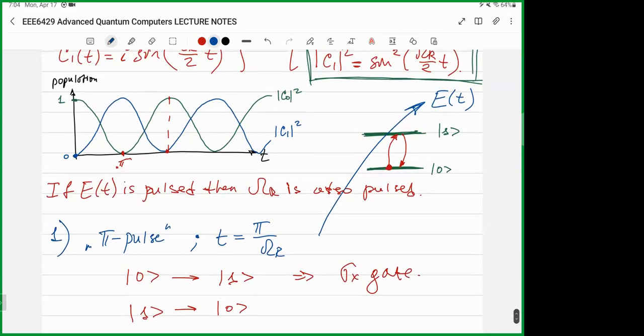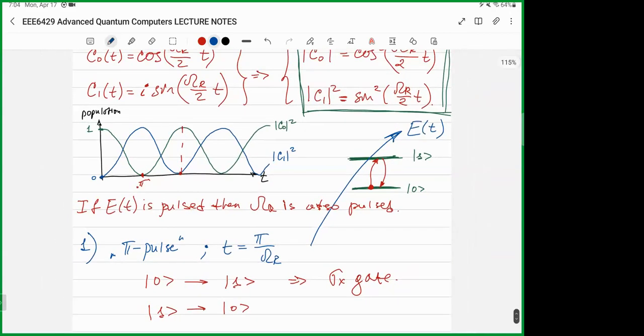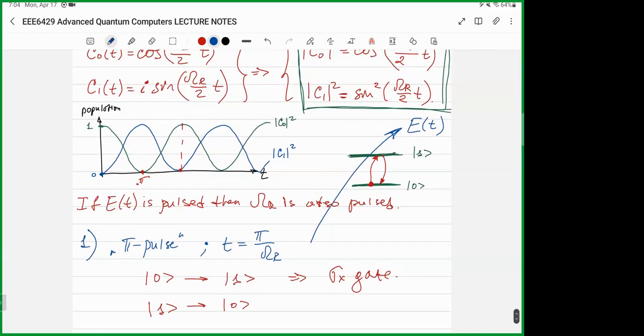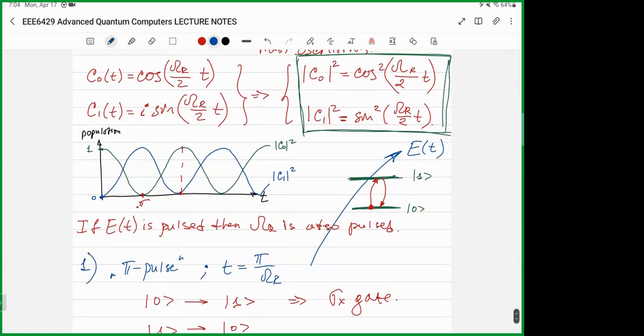I have a question. Yes. So this pi pulse is the same as the continuous wave pulse? That is what the continuous wave pulse does, right? When you give it to a ground state, it goes to one, and vice versa. No, this is not continuous. This is actually a pulse.